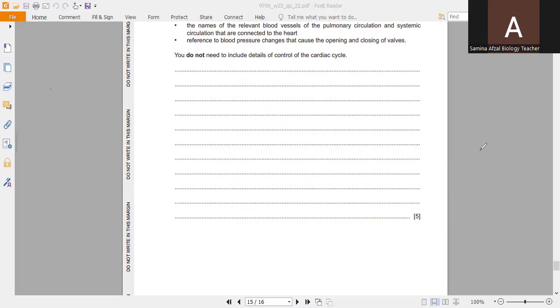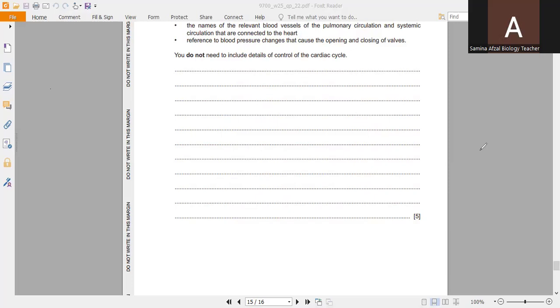Then, after oxygenation in the lungs, the blood is now oxygenated blood. So it returns from the lungs and enters the left atrium via the pulmonary vein.